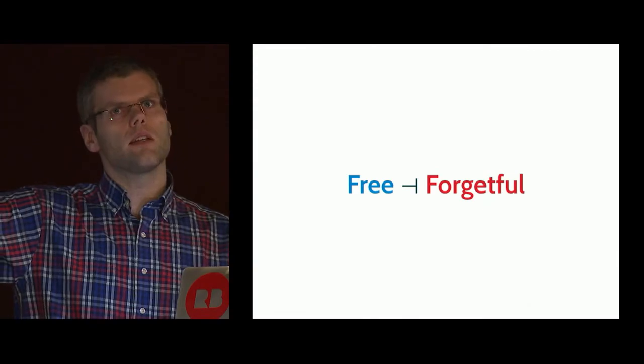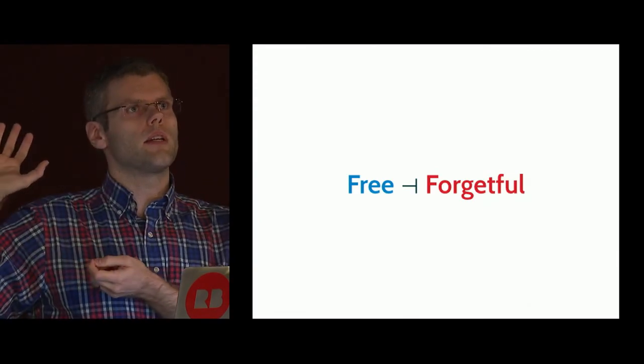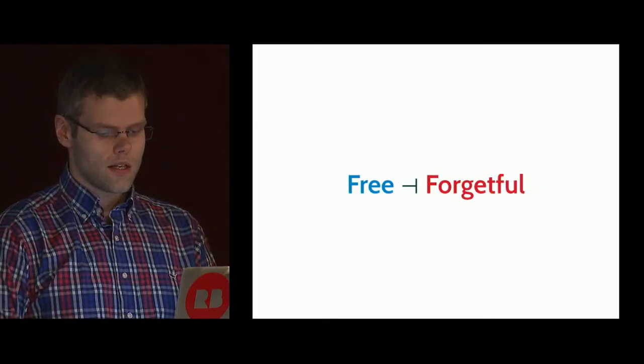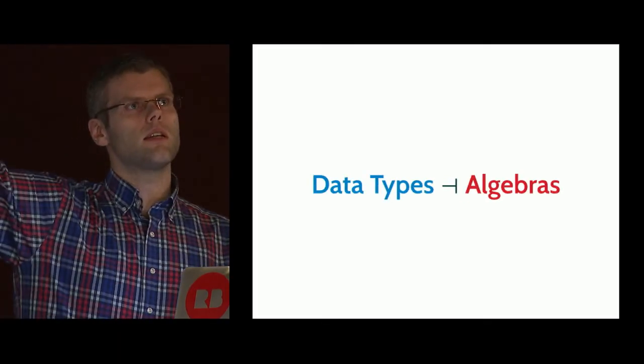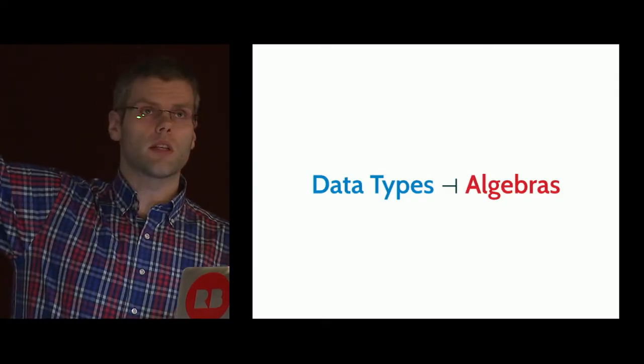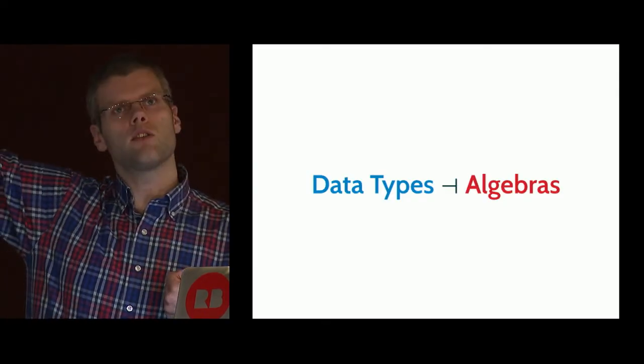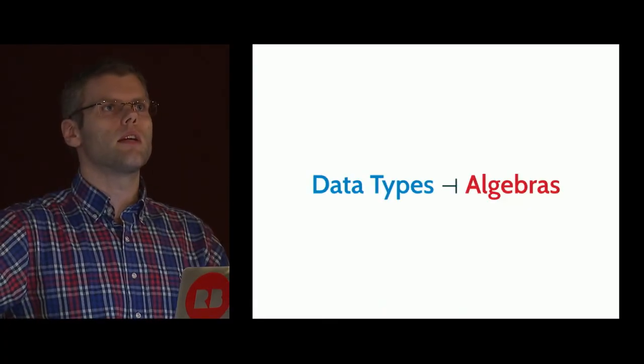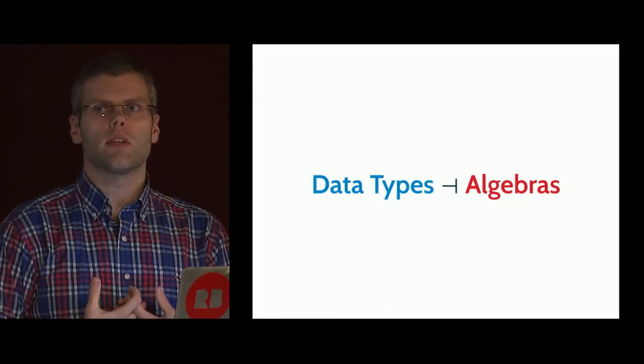And the other side is witnessed by fold left and fold right. Right? So it's saying that there is an adjunction really between the constructors of the data type and the algebras that we can use to deconstruct those data types, right? So the producers of the data and the consumers of the data.